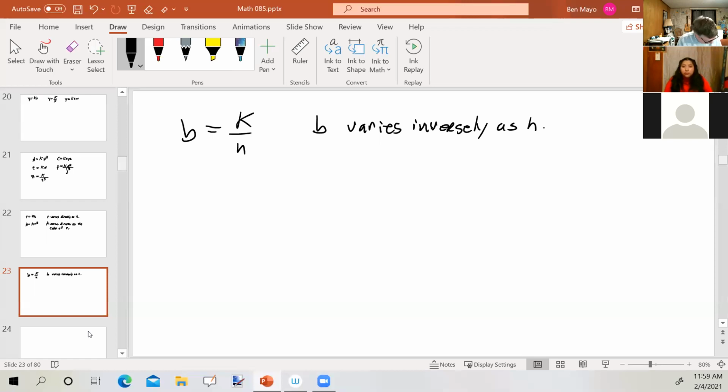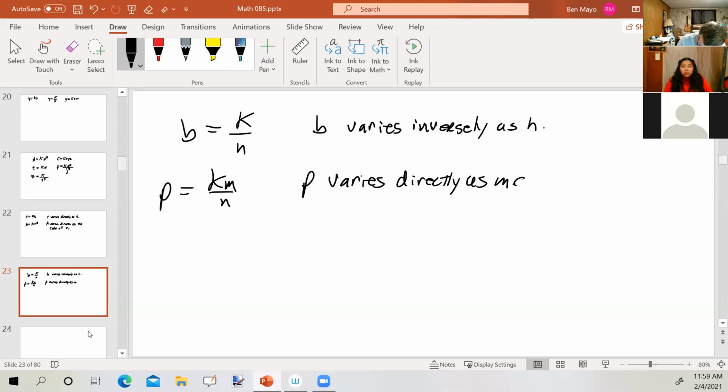How about this one? P equals KM over N. We would say P varies directly as M and inversely as N. All righty, any questions on that?